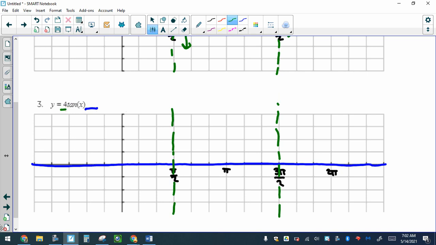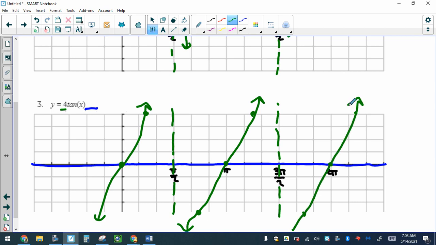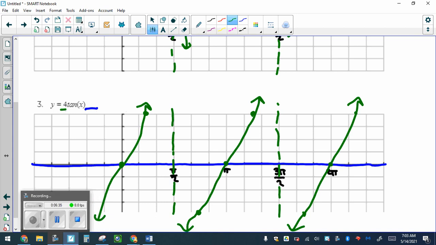And the amplitude is 4. So when I do positive, instead of just being 1 up, it's actually going to be 4 above the midline. Negative 0, positive, negative 0. You could do that last positive there to fill out the pattern. And then it is this. In this case, it doesn't really have that curve to it. But there is tangent, so finish up the last graphing problem on your own.